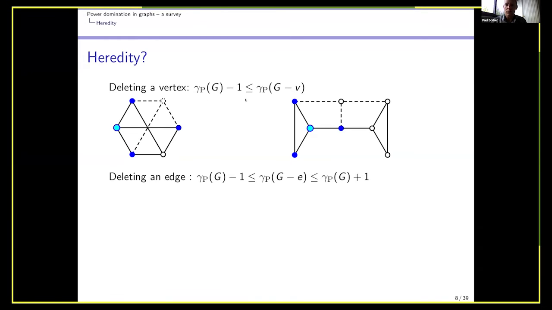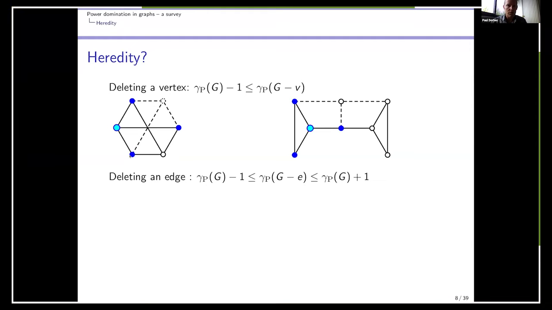So here in this new slide, I will consider deleting a vertex and deleting an edge. When I remove a vertex from the graph, I can decrease the power domination number, but by at most 1.